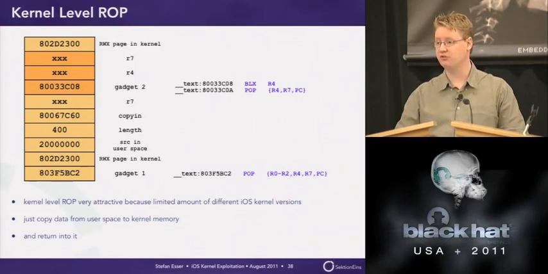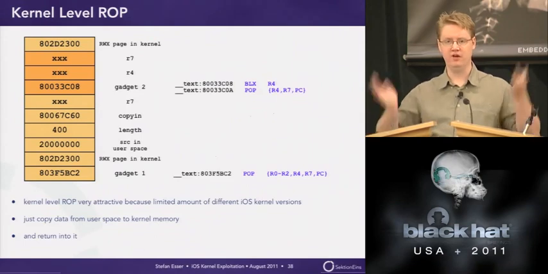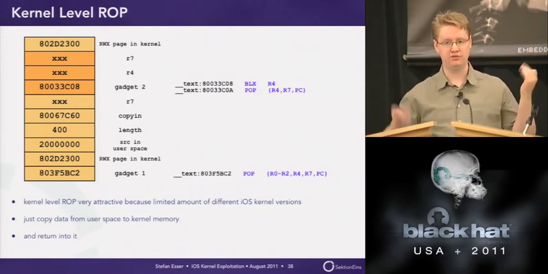Yeah, and it's very attractive to have return-oriented programming in the kernel because there are not so many different iOS kernels around. And when you use gadgets only in the core part of the kernel, they're even the same for multiple kernels. If you use something in the space of the drivers, they are not the same because the drivers are shuffled for different devices.